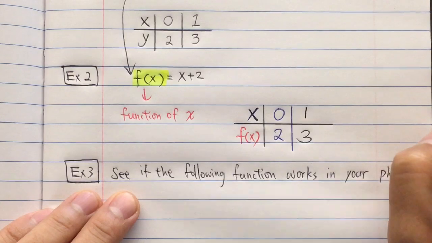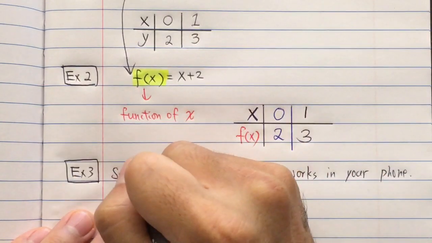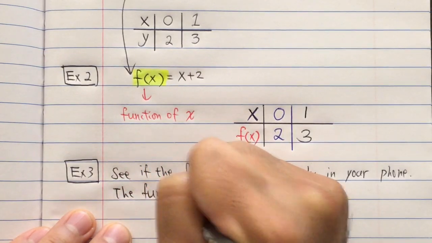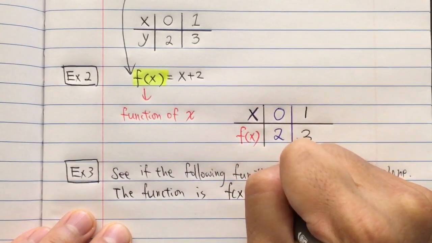Now let's see if this is a good phone or not. The function is f of x equals x.